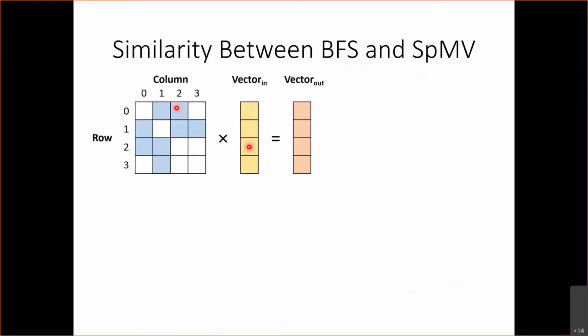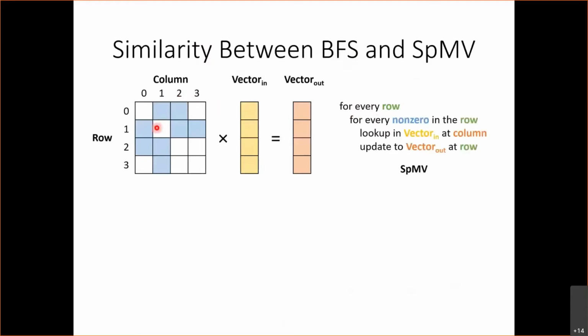In SPMV, we looped over the rows, in parallel, and for every non-zero in that row, we looked up the element in the input vector at the column index, and then we updated the element in the output vector at the row index. Okay. So here's what we did with SPMV.